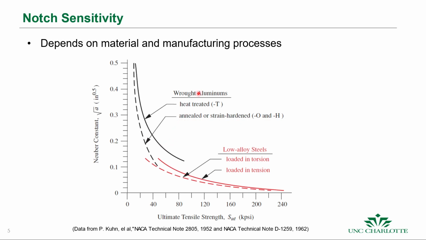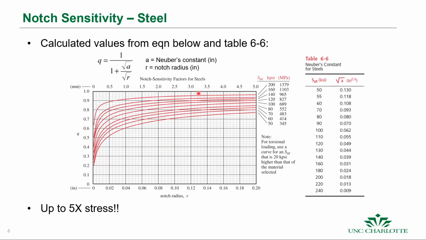Okay, so the Neuber constant also depends on the material and the manufacturing process. Okay, if we use this equation here to calculate the q, and we plot this as a function of the notch radius and the Neuber constant for that material, we get this graph here.